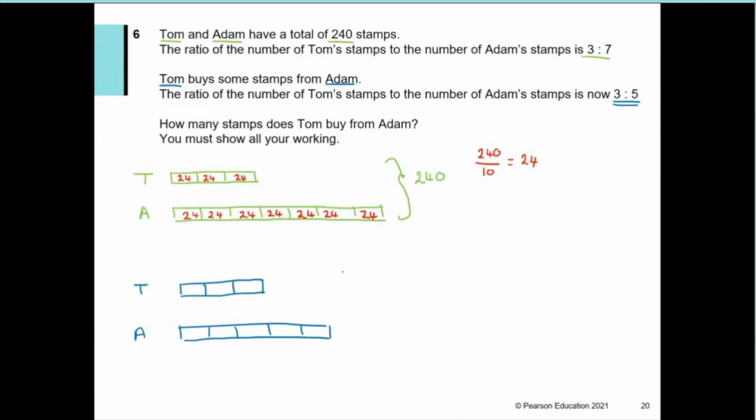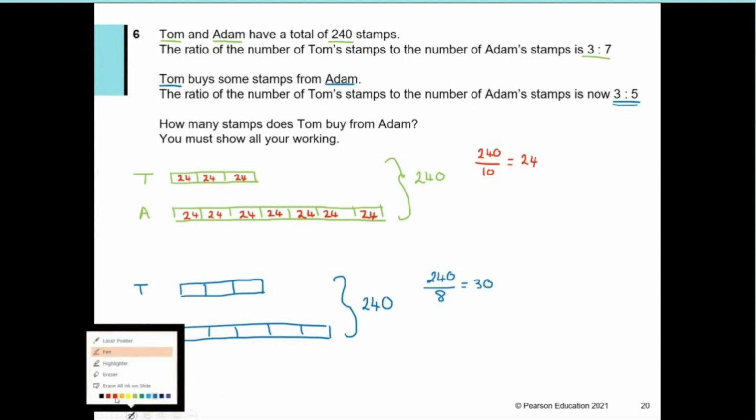Now they basically exchanged some stamps, but the total number of stamps is still exactly the same. So there is still 240 stamps in total. They've just swapped some around. So I'm going to do the same calculation, but this time it's 240 divided by 8, which is 30. So now each one of my boxes is 30.